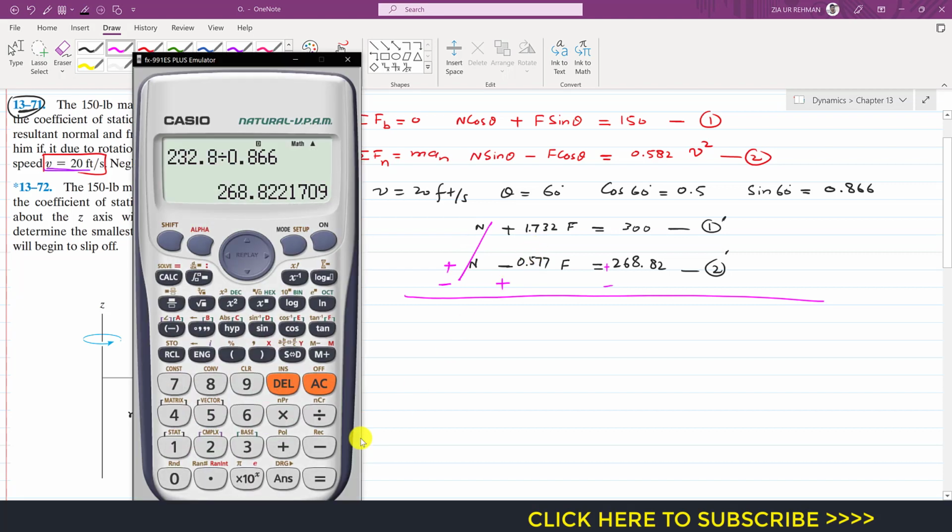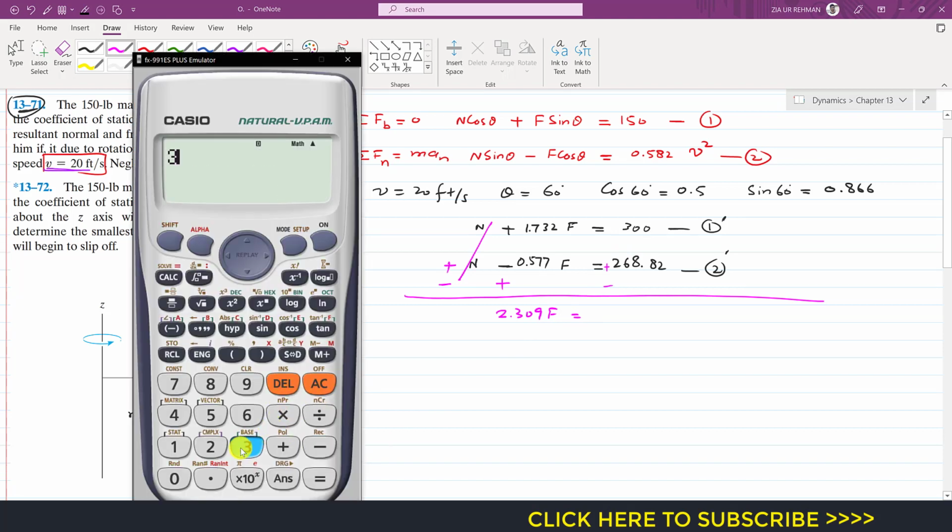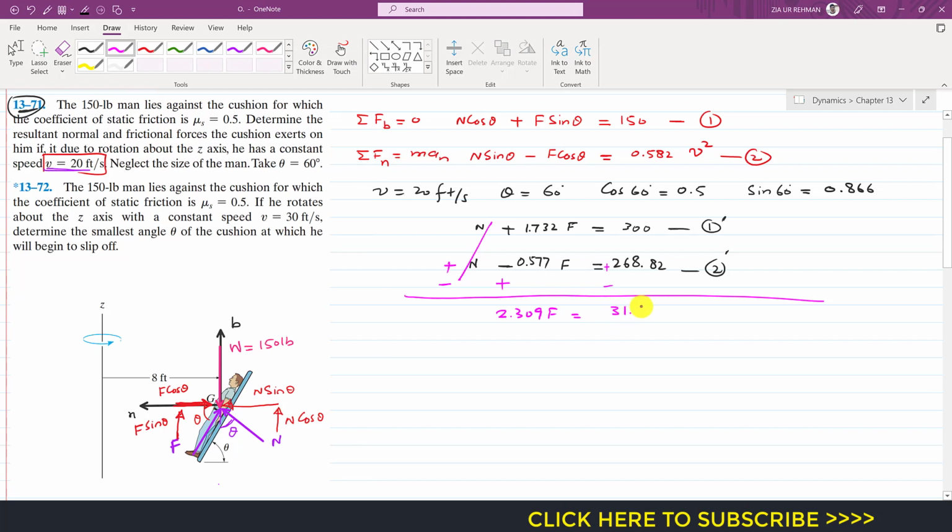So this is 1.732 plus 0.577, 2.309 F, and 300 minus 268.82 is 31.18.